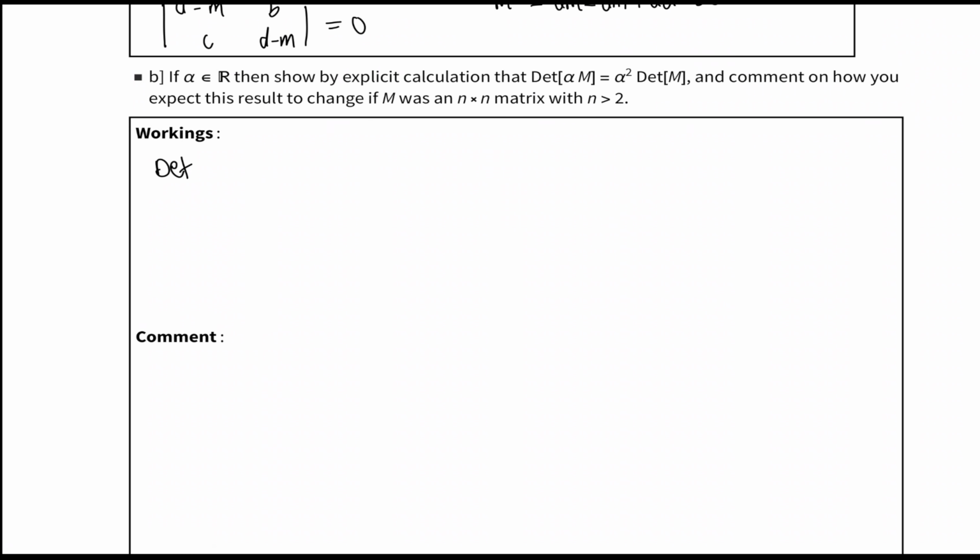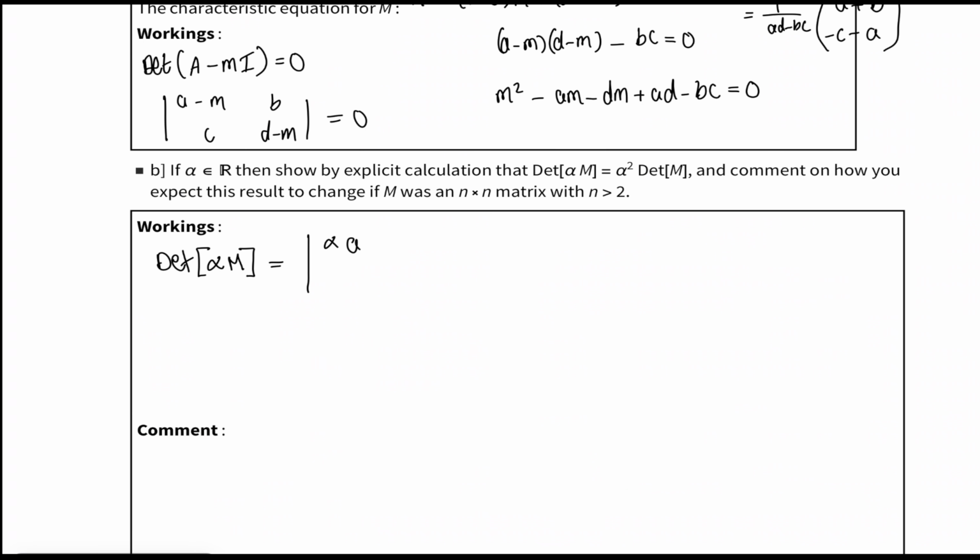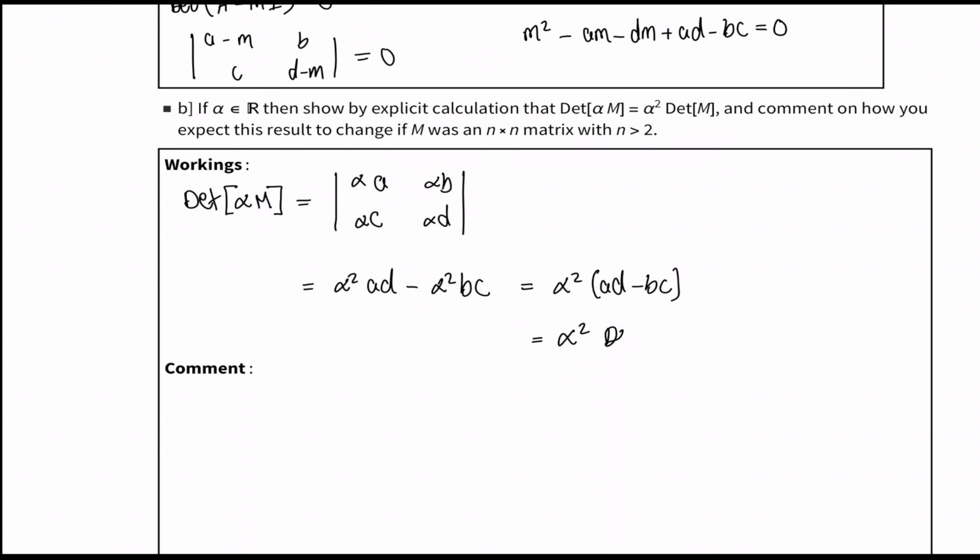So if we first work out the determinant of alpha times M, assuming M is just this matrix over here, we get alpha A, alpha B, alpha C, alpha D, and the determinant becomes alpha squared AD minus alpha squared BC, which we can write as alpha squared times AD minus BC, which is just alpha squared and the determinant of M, because the determinant of M is AD minus BC. So hence we've shown that.